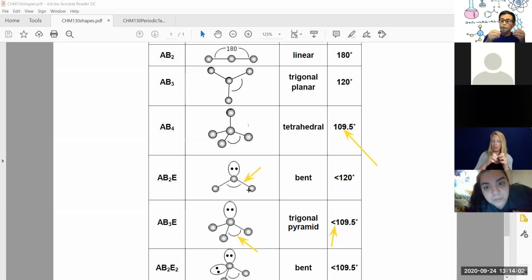So those are called bonded pairs. When they are not bonded, they're just sitting on the central atom, those two dots, and that little oval shape that you see there. Those are two electrons, and those are called a lone pair. They're not bonded together. They're just sitting there on the central atom.